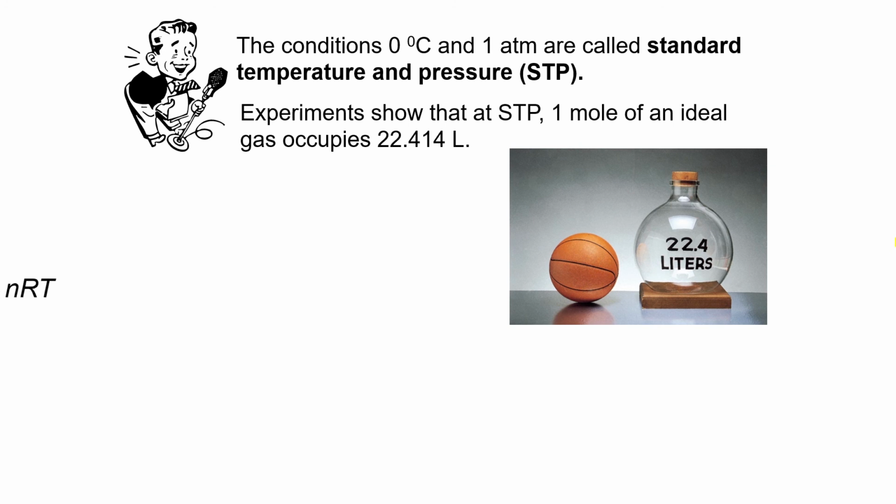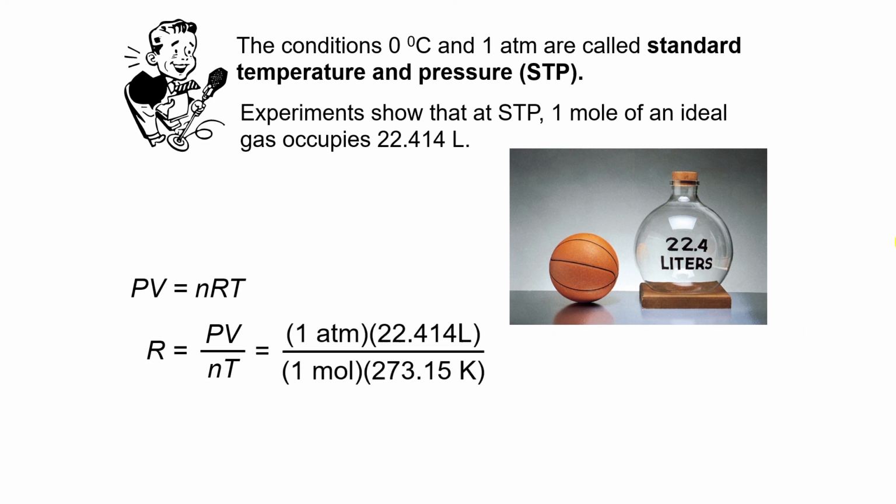So let's write again the ideal gas equation, and let's rearrange it for R. R would be PV over nT, and let's plug in the values we found. Pressure would be 1 atmosphere, n would be 1 mole, the volume of 1 mole at STP is 22.414 liters, and the temperature, 0 degrees Celsius, is 273.15 Kelvin.